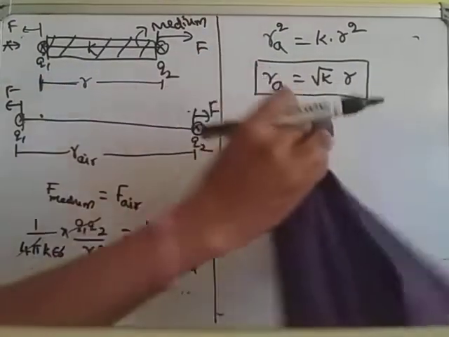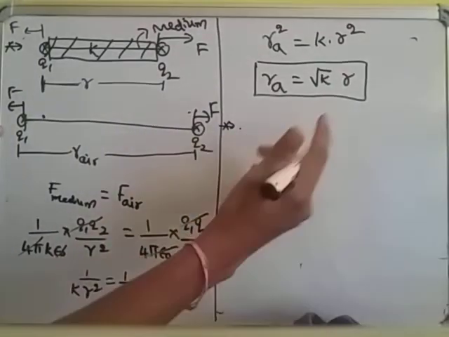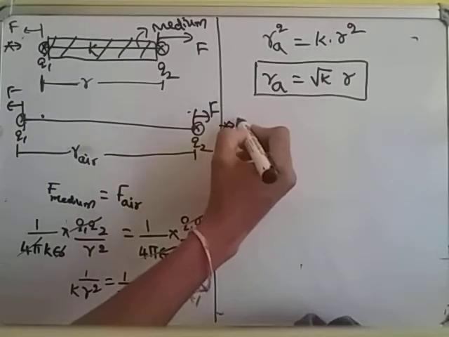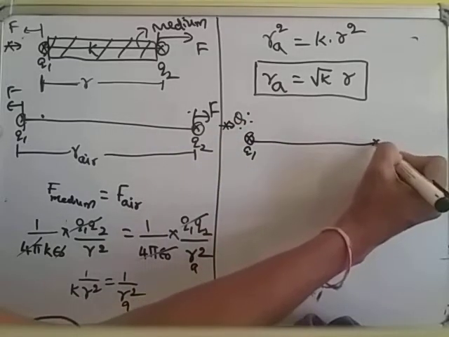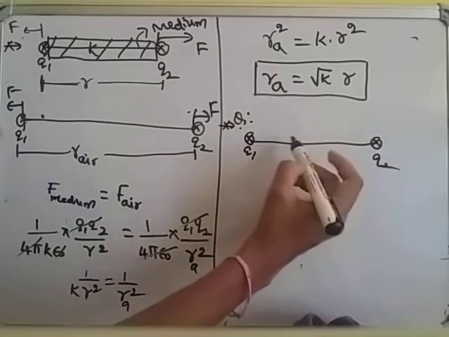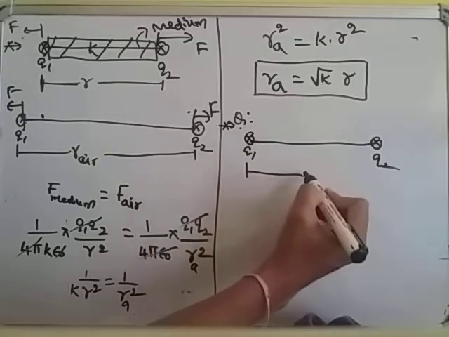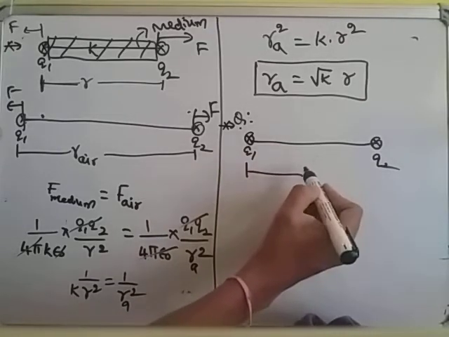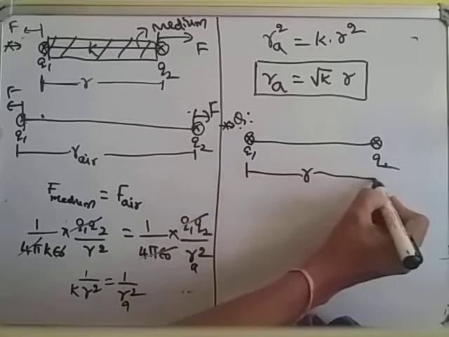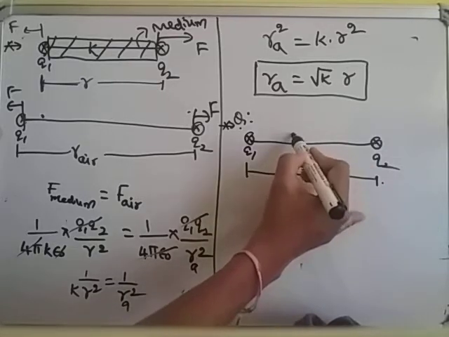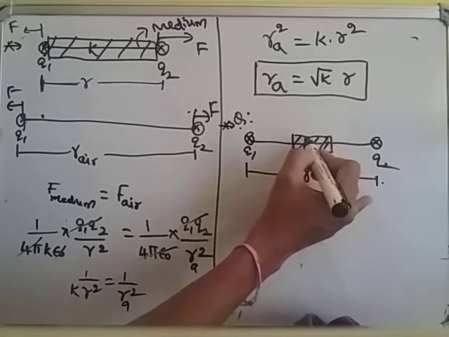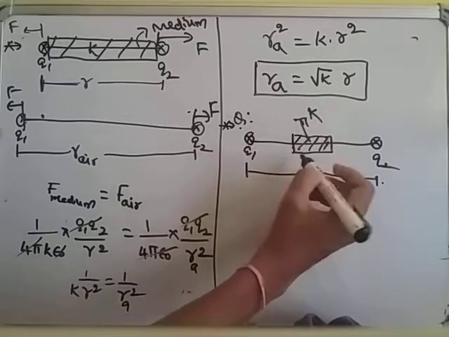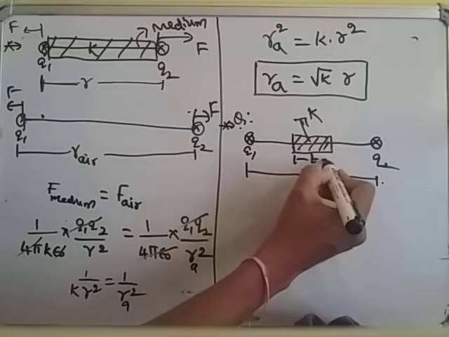And now here I am giving one situation, one question for you. Two charges q1 and q2 are separated by some distance, but here part of the separation is filled with a dielectric slab whose dielectric constant is K and whose thickness is t.